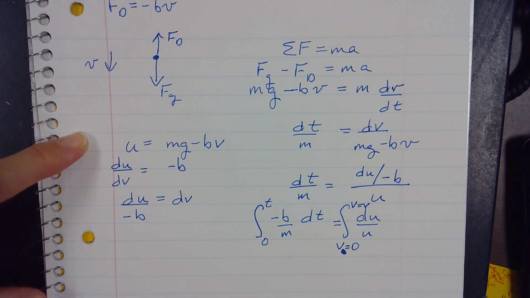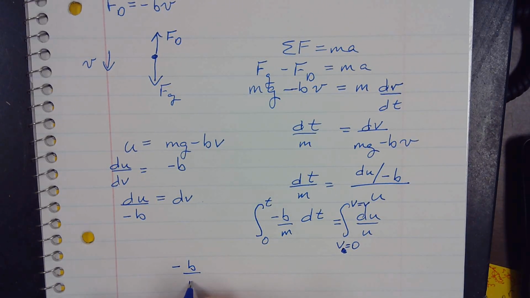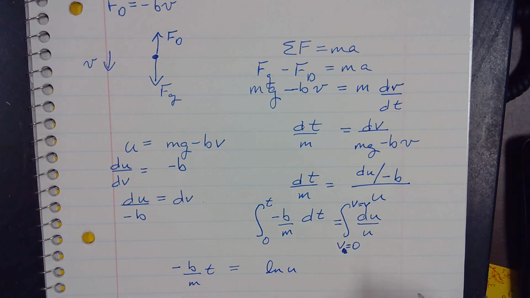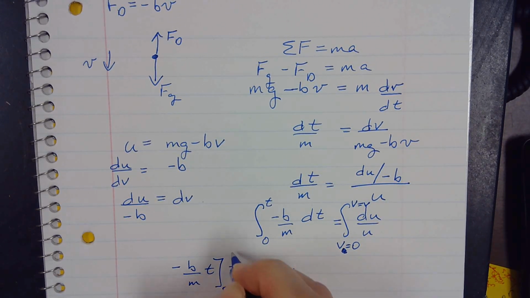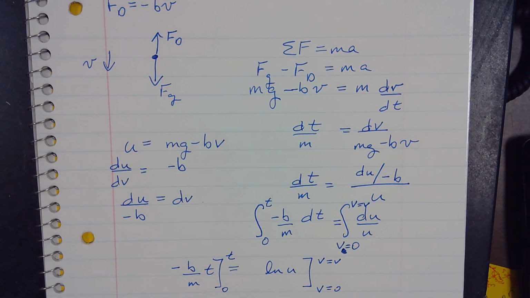Okay? So, left side, I'm going to move it more to the middle, is negative bm over t. Right side is the natural log of u. We need to evaluate from 0 to t. We need to evaluate from v equals 0 to v equals v.